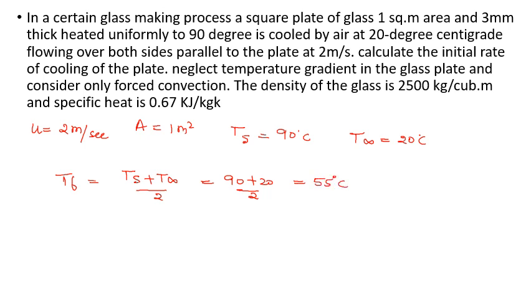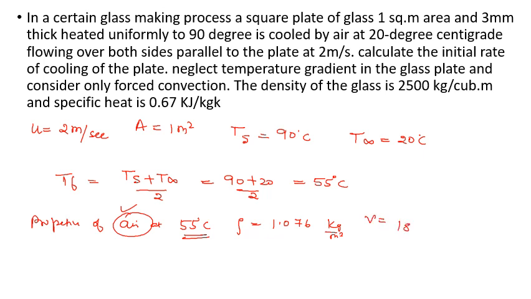So for that 55 degree centigrade, we have to find the properties of air. At 55 degrees centigrade, the fluid is air, that is very important, and the temperature is at a mean temperature. We can find this from the data handbook, as we have done in the earlier problem. Density is equal to 1.076 kg per meter cube.